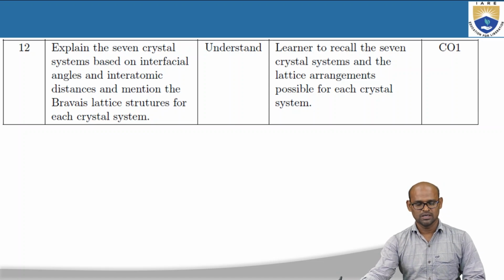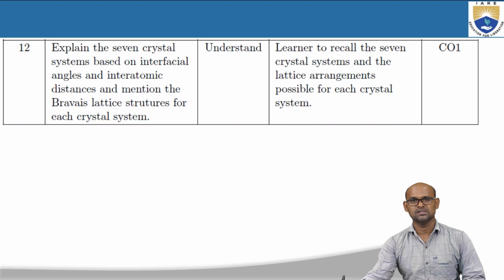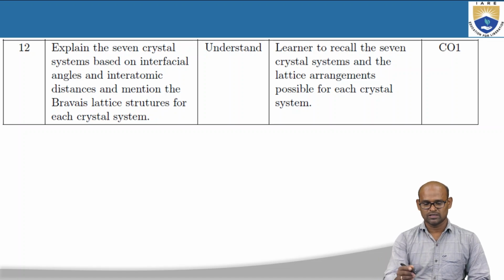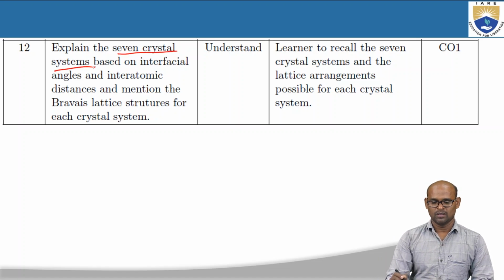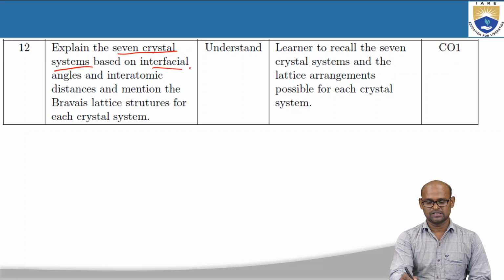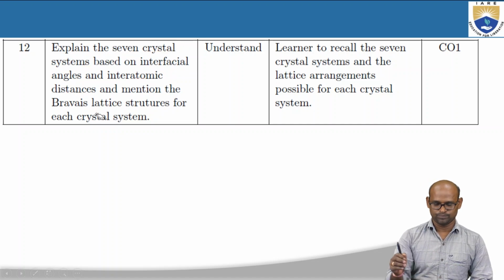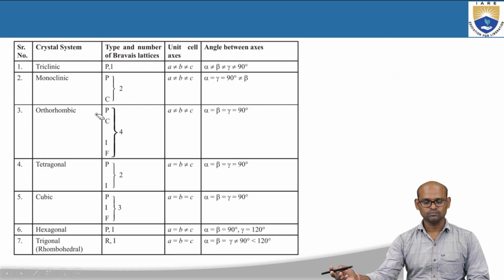The 12th question is, explain the 7 crystal systems based on interfacial angles and interatomic distances and mention the Bravais lattice structures for each crystal system. So we need to explain the 7 crystal systems based on interaxial angles alpha, beta, gamma, and interatomic distances A, B, C, and also mention what kind of Bravais lattices belong to each.